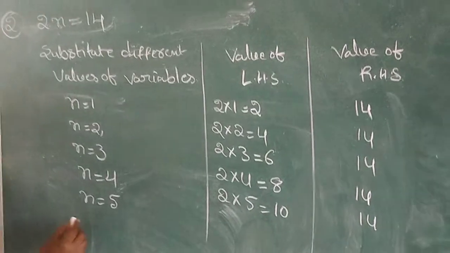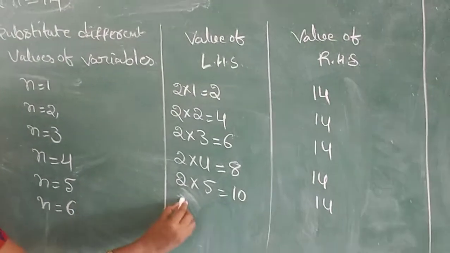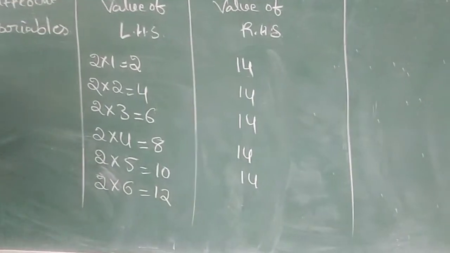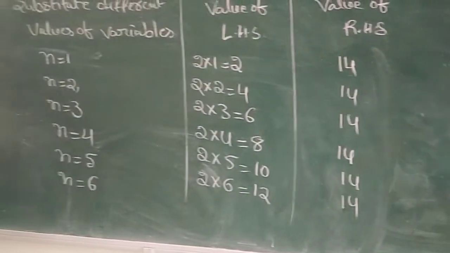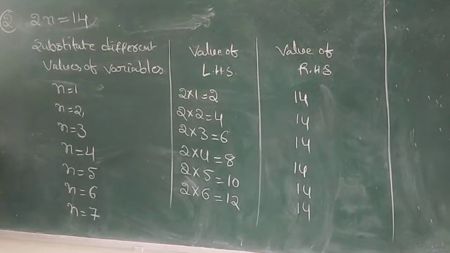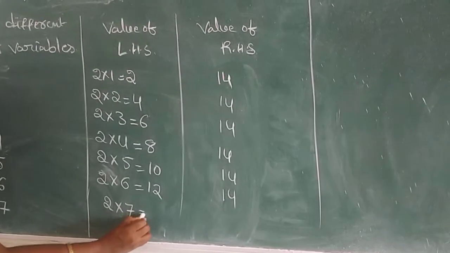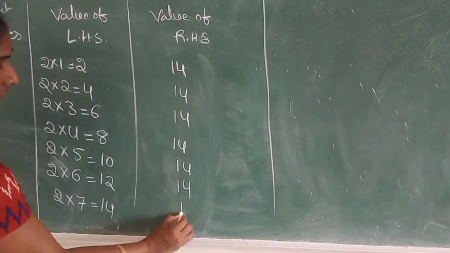Continue this process. N is taken as 6, 2 sixes are 12, RHS 14. Now, n is taken as 7, 2 sevens are 14, RHS 14.